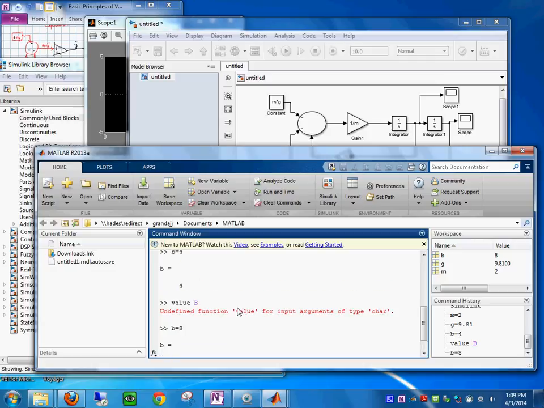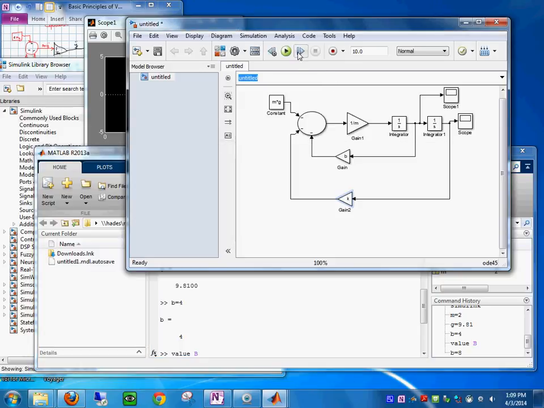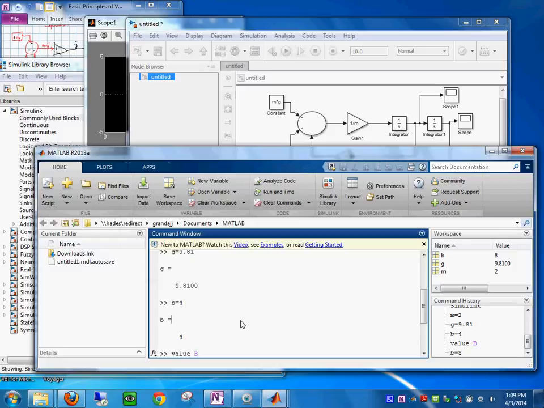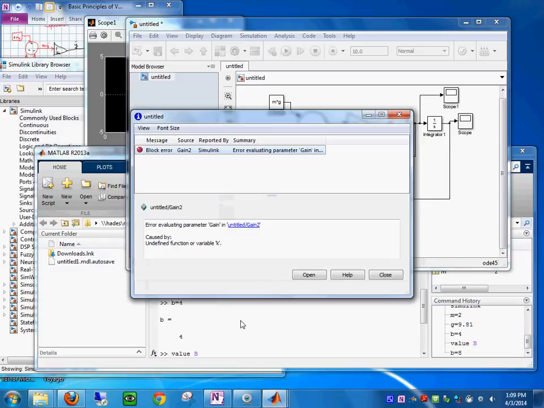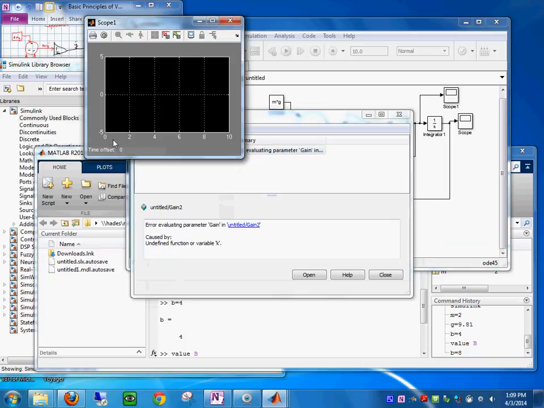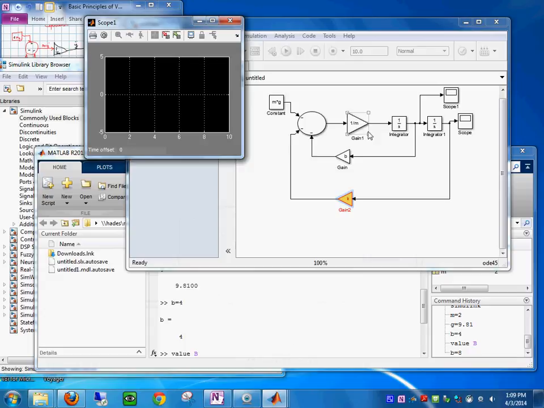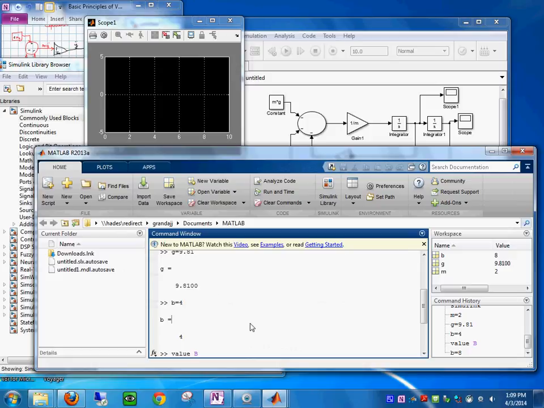No, we did. Okay. Let's see what else does it say. I'm just gonna run the program. This says gain 2. Where's gain 2? This one, error evaluating. We don't have the value of k. That's the problem.